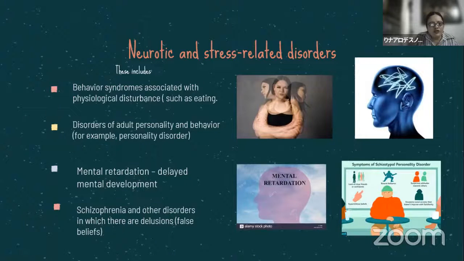Probably some examples of diseases inside these categories. For example, the disorder of adult personality and behavior. I think, because I am not good at that classification, but I remember the psychosis, for example.